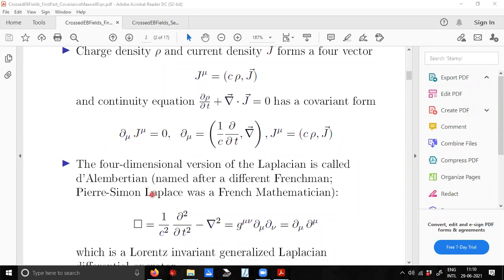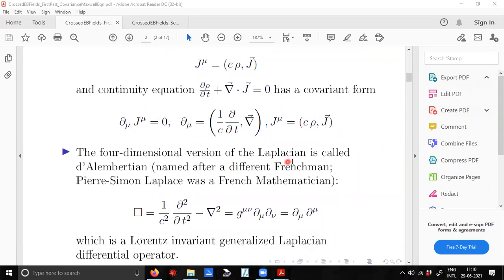So now, the four-dimensional version of the Laplacian. What is a Laplacian? The three-dimensional Laplacian is only del squared. I expand the Laplacian into the four-dimensional Minkowski space-time and write it as a D'Alembertian.